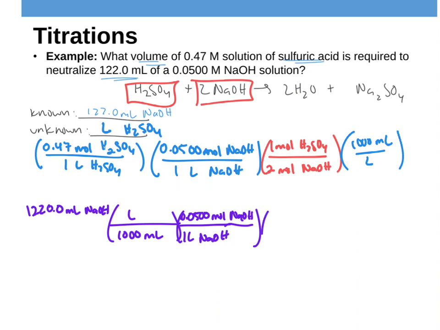Now that I'm in moles of NaOH, I can use my mole ratio. So I know that there's 2 moles of NaOH required to neutralize every 1 mole of H2SO4, because that's what the equation says. And I'm looking for volume.